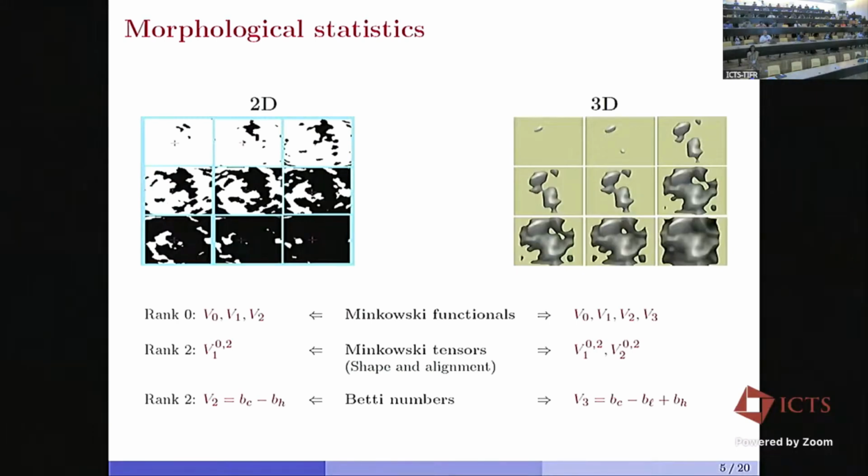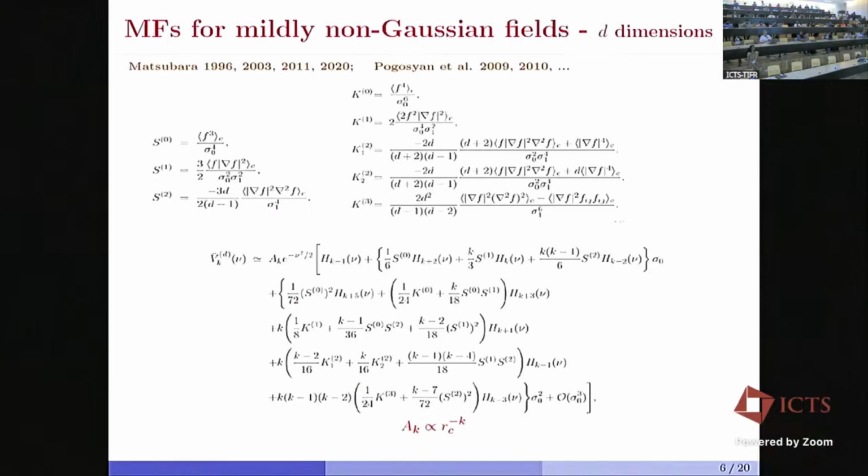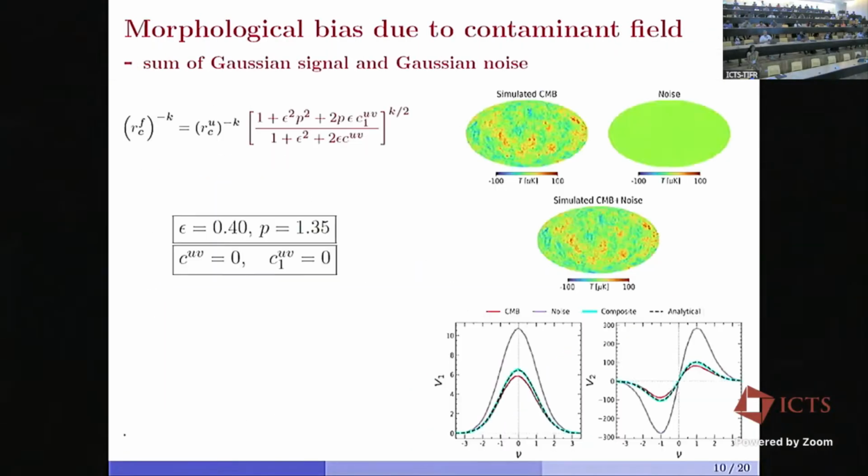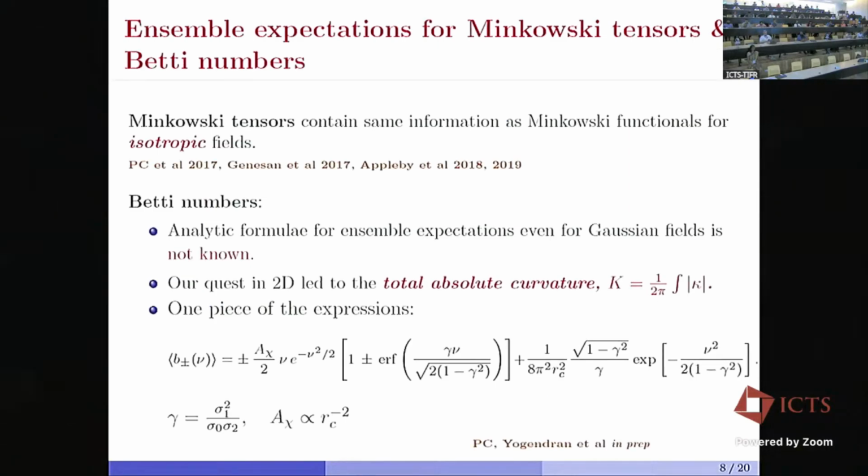In our method, we looked at an alternative way: I'm going to take the modulus of the curvature and integrate it. This contains information on the sum of the two Betti numbers, and I can use that information to separate out the two.